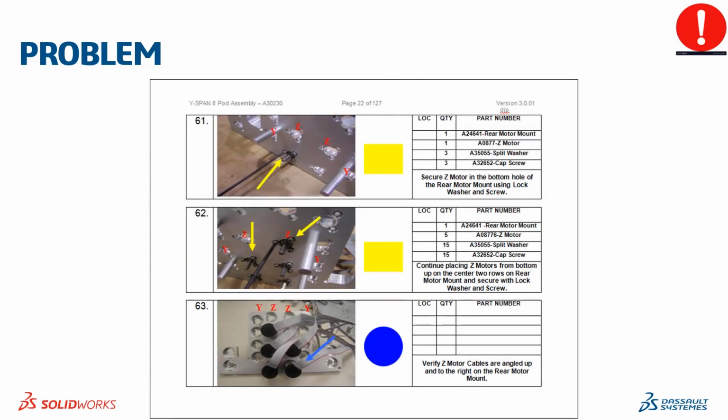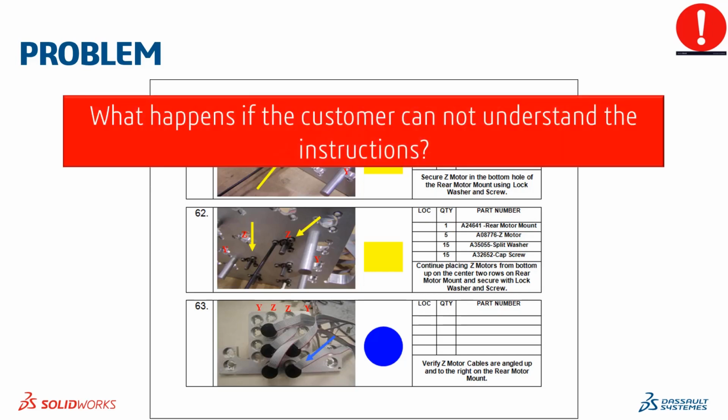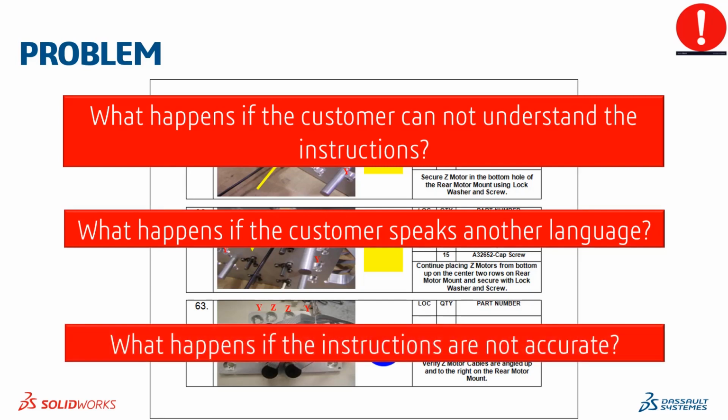Or if there is some kind of manual which you can create, as you can see on my screen, what happens is the customer cannot understand the instructions, right? If a customer speaks another language or the instructions are not accurate, how can you tackle all these things, right?